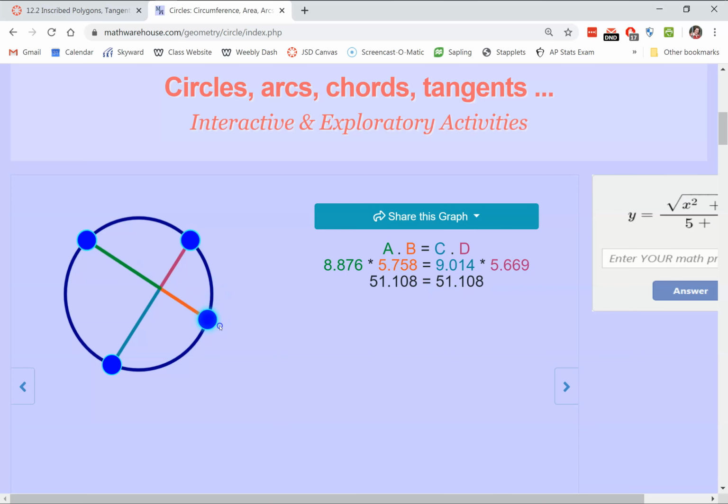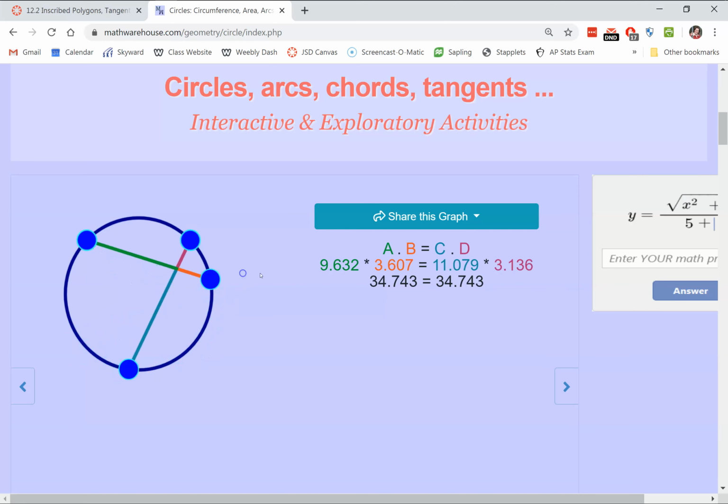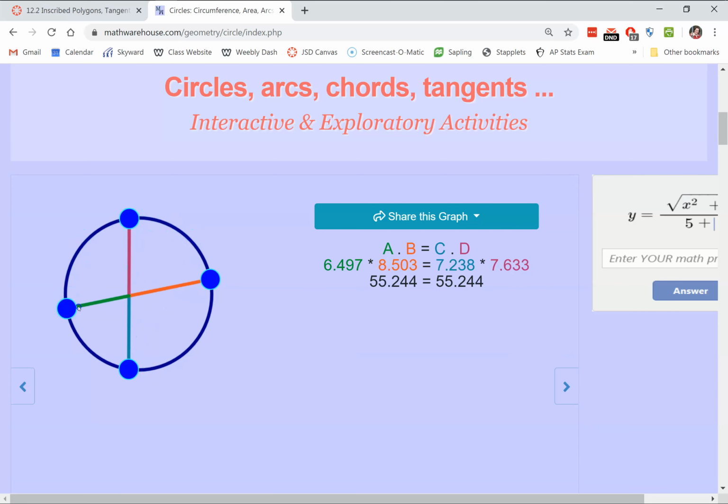And you can see that as I move these around, no matter what I do, the two pieces of one of them multiplied together are always equal to the two pieces of the other one multiplied together. No matter where they are in the circle, no matter where they cut each other.